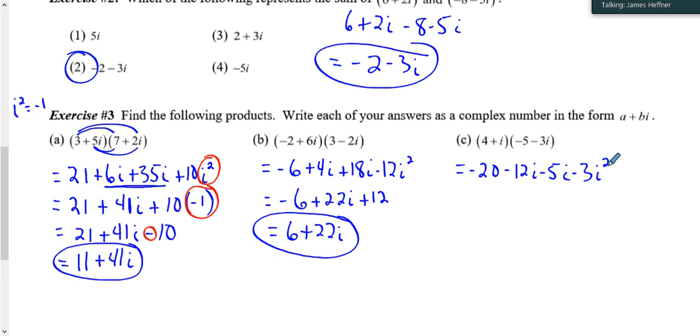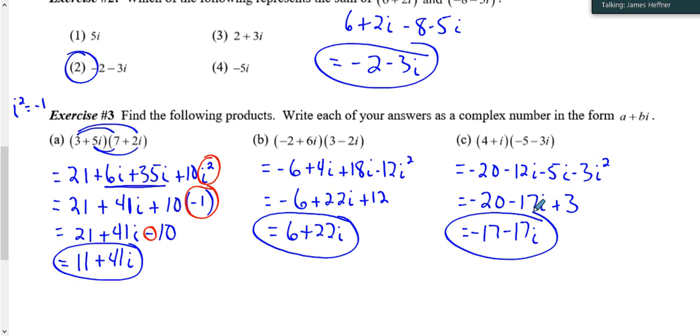Which you know is -3 times -1. So that's -20 minus 17i, right? Plus 3. There's no more i on that, because we know the i squared is -1. So then we have -20 plus 3, which is -17, minus 17i. Okay?